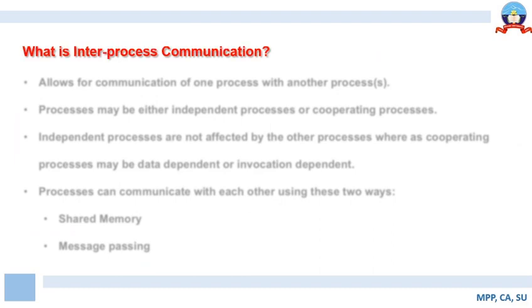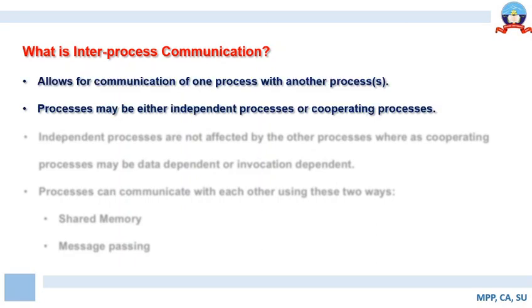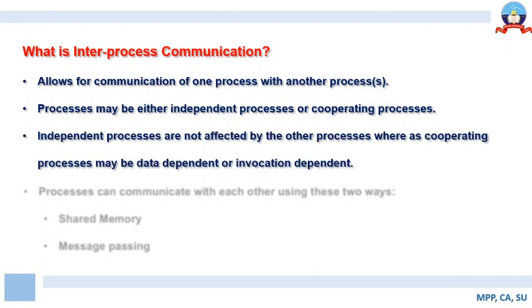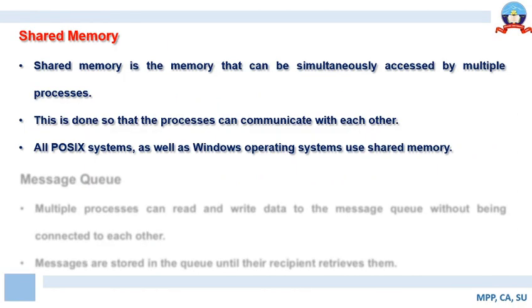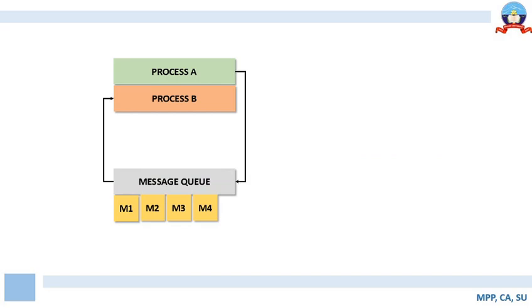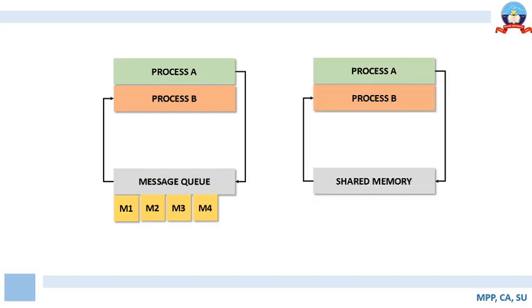Then we moved on to interprocess communication, where we learned what interprocess communication is, and the different types of organizations that may exist between processes: processes may be independent of each other, or they may be data or invocation dependent. Then we learned mechanisms for ensuring interprocess communication, namely shared memory and message passing through message queues. We learned in detail about shared memory and message queues, and represented the same with a very simple schematic representation.